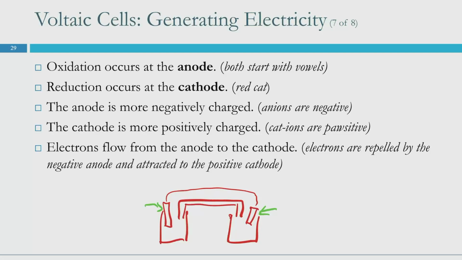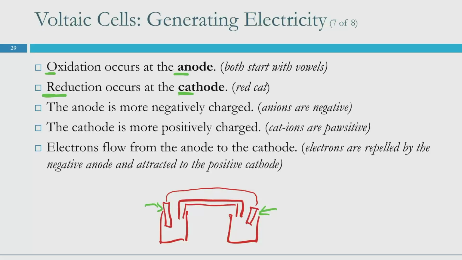Our two types of electrodes are anodes and cathodes. Oxidation occurs at the anode, and reduction occurs at the cathode. And the mnemonic that the book is suggesting is red cat, and that oxidation and anode both start with vowels, and so those should go together.